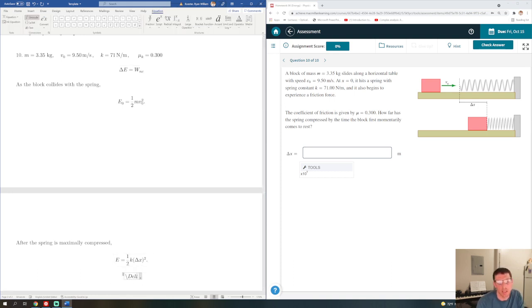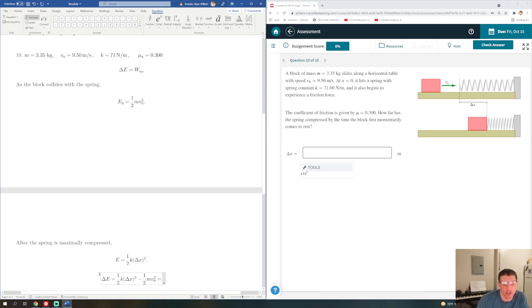So our delta E is going to be 1/2 k delta x squared minus 1/2 m v naught squared, right? And then we just need to fill in what the work is that is being done by the non-conservative force, which is friction in this case, right?